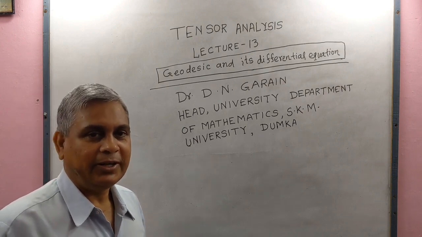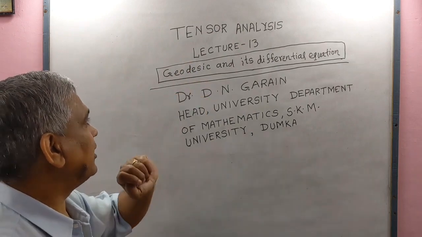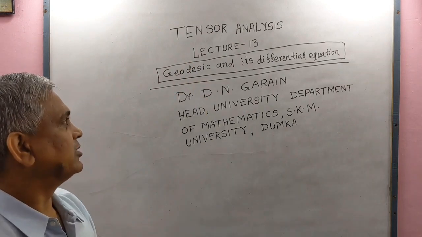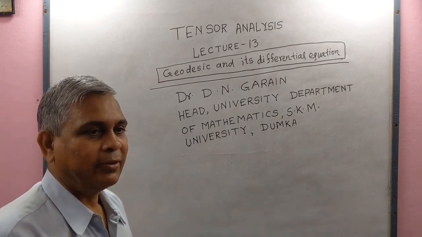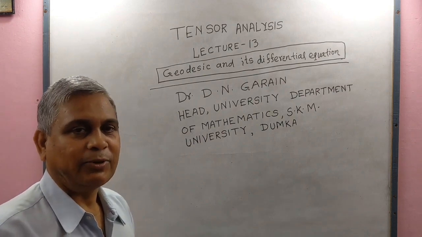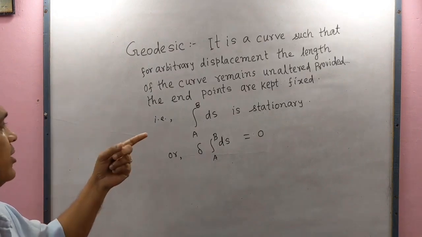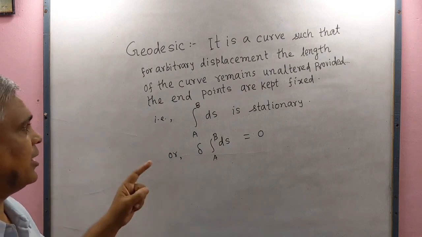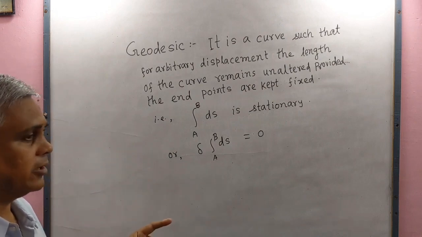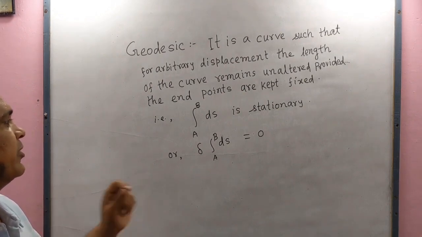Today I will deliver lecture on tensor analysis, lecture number 13, which includes the geodesic and its differential equation. Firstly, we define what is geodesic. It is a curve such that for arbitrary displacement, the length of the curve remains unaltered provided the endpoints are kept fixed.